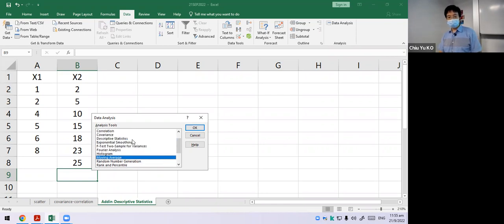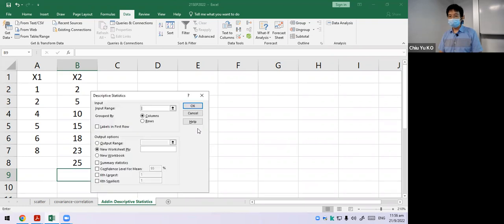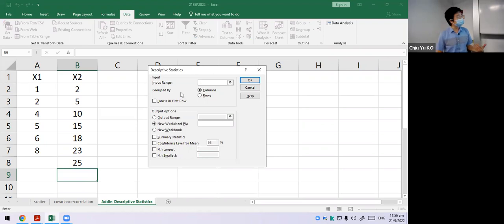So we start with descriptive statistics. That would be not difficult. Just click on Descriptive Statistics and click OK. Always in this, you will be doing two things. You have to tell it what your input data is and where you want to output it.